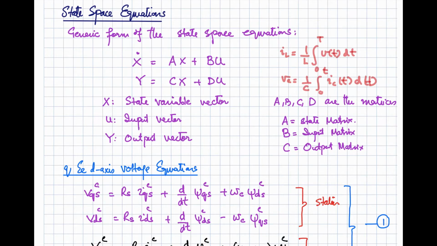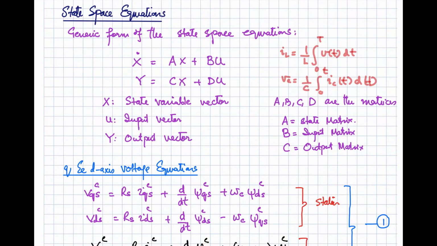Similarly, your flux linkages can be the state variables. Later on we will see that we can write down an equation from which, by integration, we can get the flux linkages. So state variables are selected, and today we will be considering the flux linkages as the state variables. We will write down all the equations in this flux linkages form.